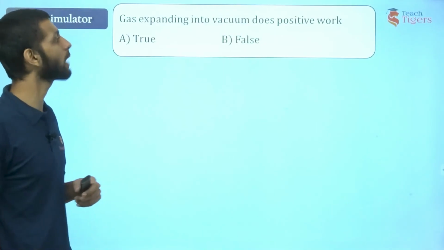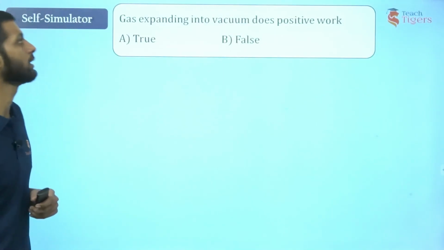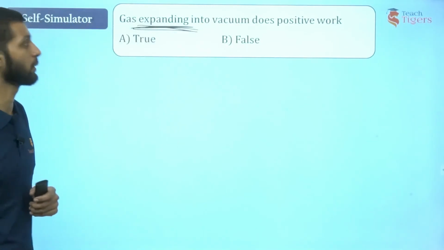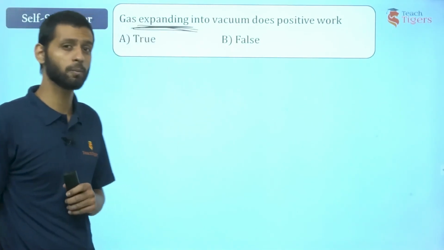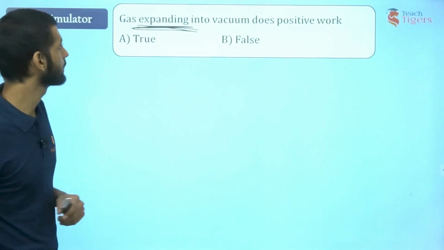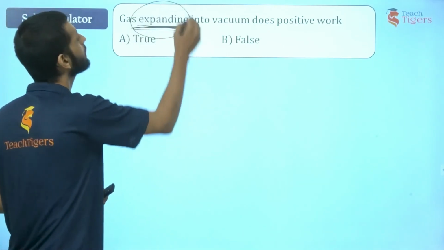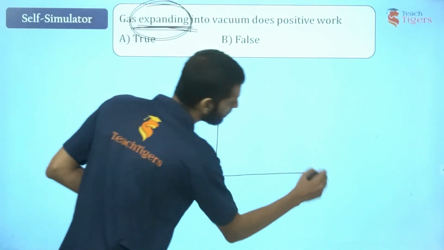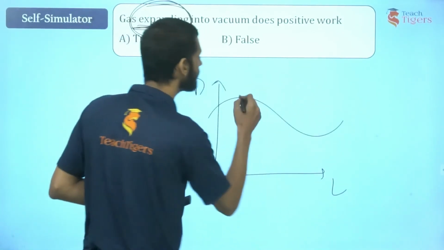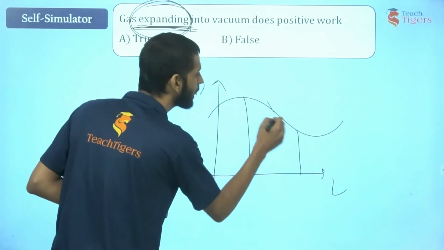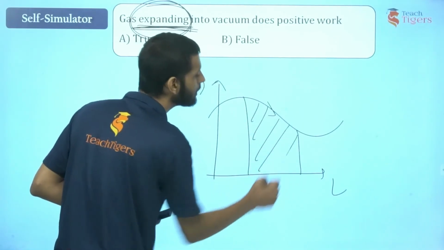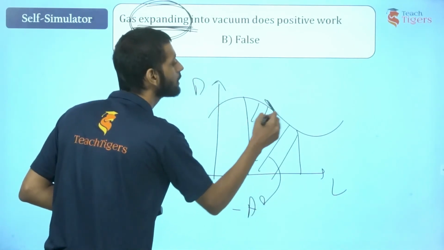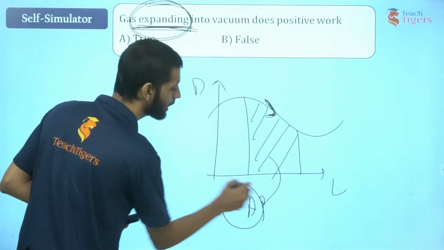Gas expanding into vacuum does positive work. Think about it. Pause the video. Alright, so what do we see? We see something is expanding. How do I draw the diagram? We say pressure and volume. Going from A to B like this, it is expanding, and my answer should be minus A. If I'm going in this direction, minus of this area.